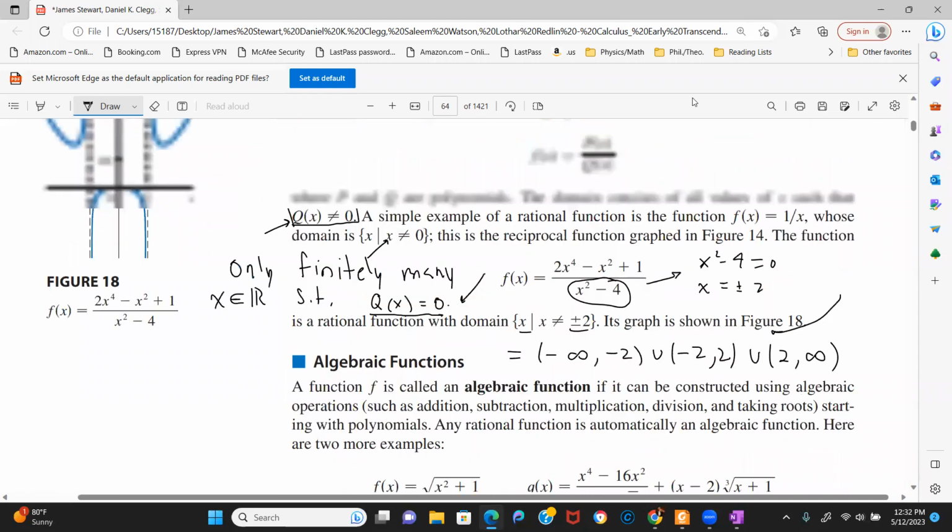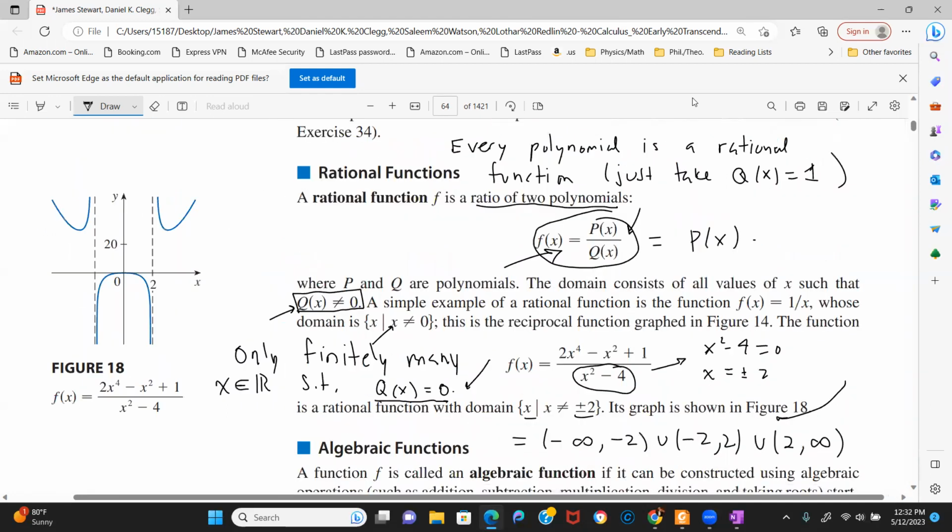All right, so that's that. Eventually we're going to look at how to analyze and graph such functions. And you can see that this graph right here is actually even. It has even symmetry. It's not hard to check algebraically too that this property holds.